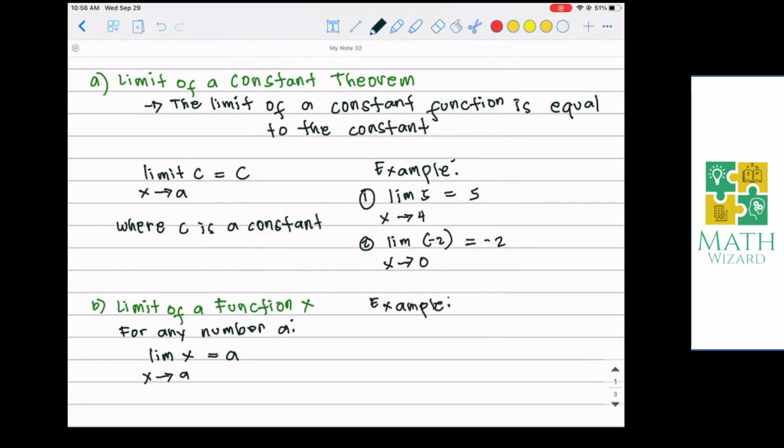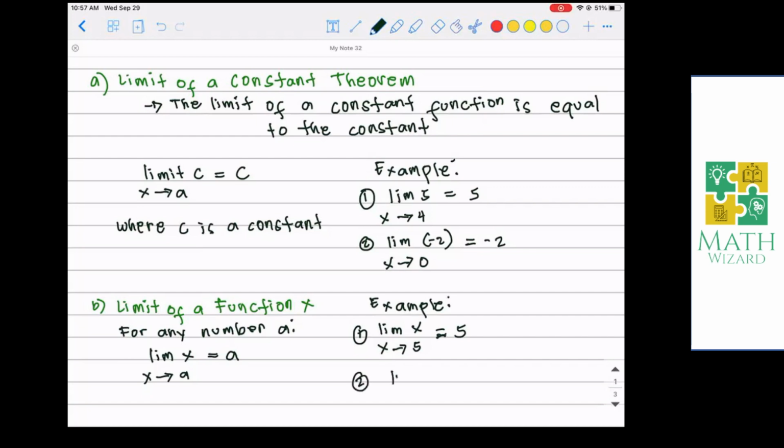So applying the limit of a function x, let's say meron tayong limit of x as x approaches to 5. As x approaches to 5, ang sagot natin dito is 5. Kung saan nag-a-approach si x, that would be our answer, given ang limit of x. Let's have another one.